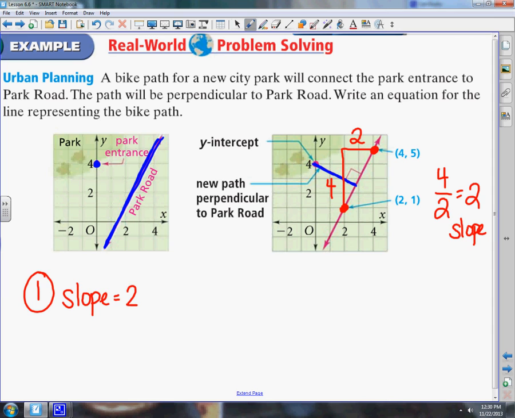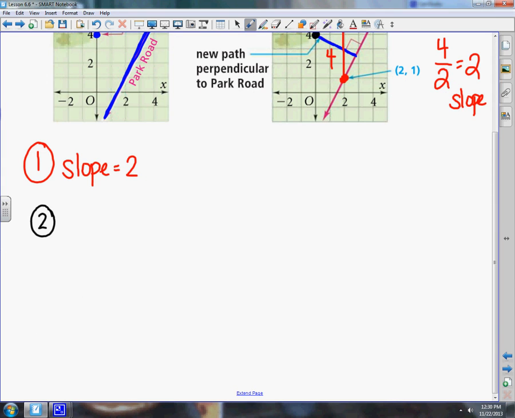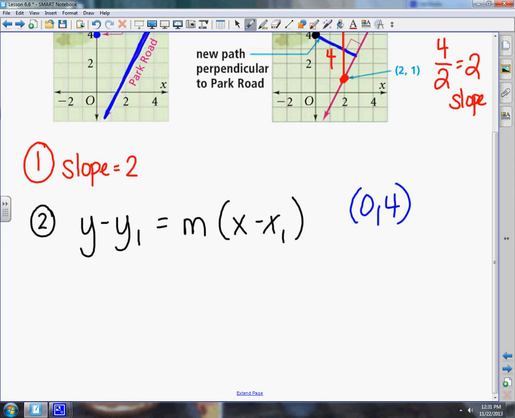Now, I have a point, which is (0, 4). And I have a slope because it's going to be the negative reciprocal. So if I want to write an equation, I would start with my point-slope equation. My point is (0, 4), and my slope would be negative 1/2 because it's the negative reciprocal of the other slope of Park Road.